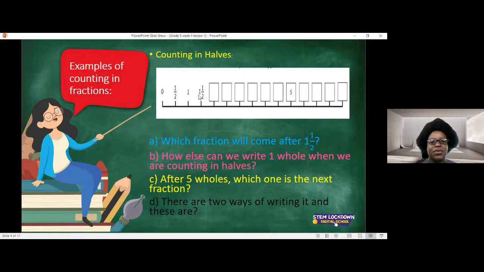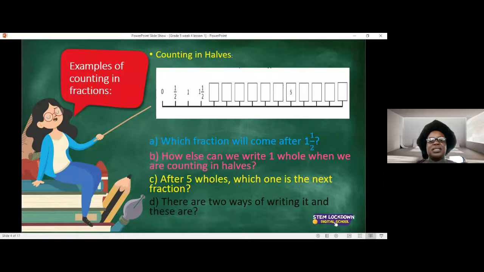How do we get this 4/2? All right, let's start from here. It's 0, and then 1/2 plus 1/2, I get 2 halves or 2/2. And then 2/2 plus 1/2, I get 3/2, which is also the same as 1.5. I will show you in another lesson how to convert from improper to mixed number, so don't worry if you don't know how to convert.